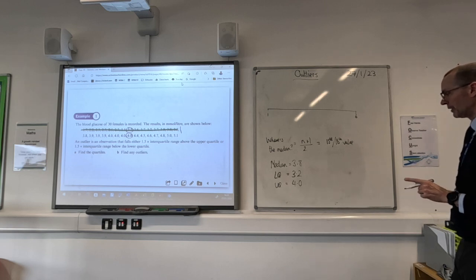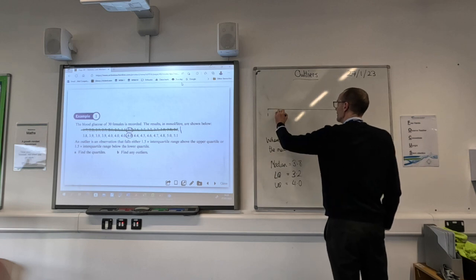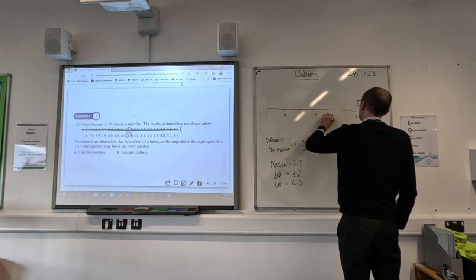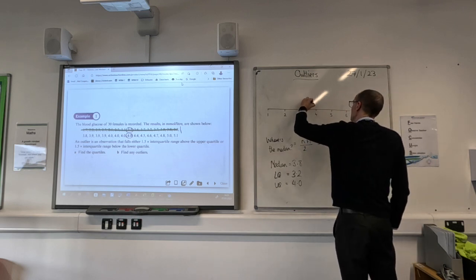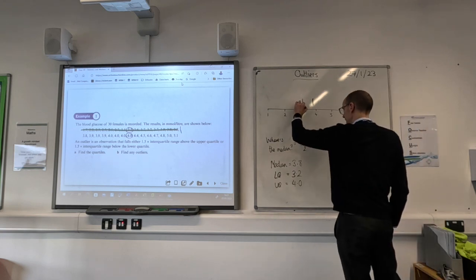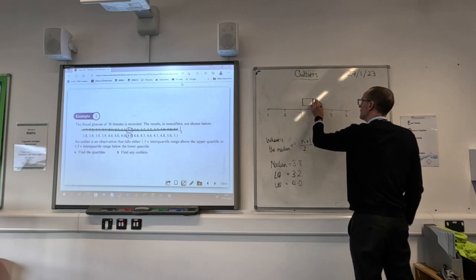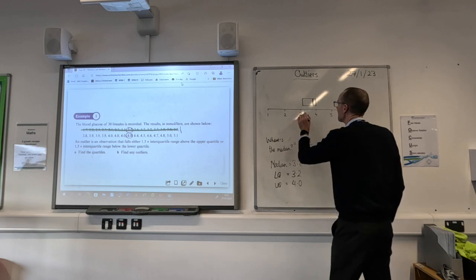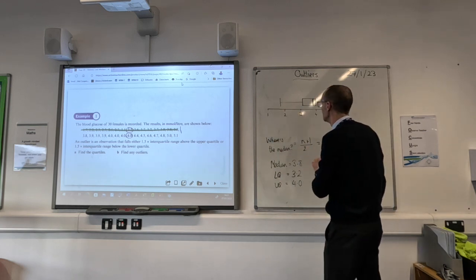A box plot, if you remember, has got the median in the middle, 3.8, with a nice thick line. You then have the lower quartile and the upper quartile. And then you've got a line going down to your lowest value, and a line going up to your highest value.